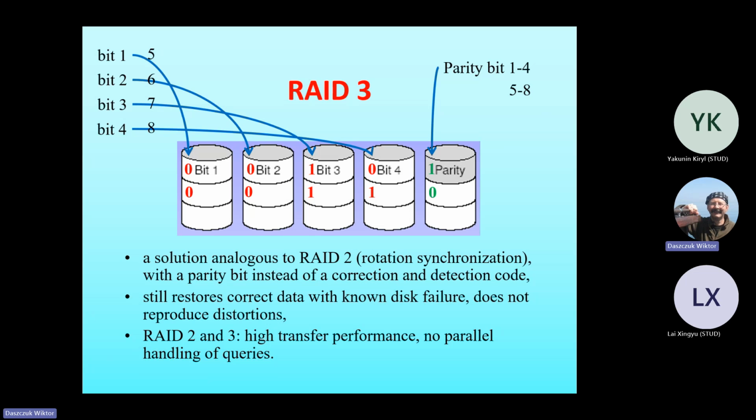It means that we have an even number of ones, so we leave this bit 0. Here we have 0, 0, 1, 1, 1, 0. If we replace this, we have 0. Having parity 0, we have an odd number of ones, so we know that this bit should be negated. In such a way we can restore data on a disk.